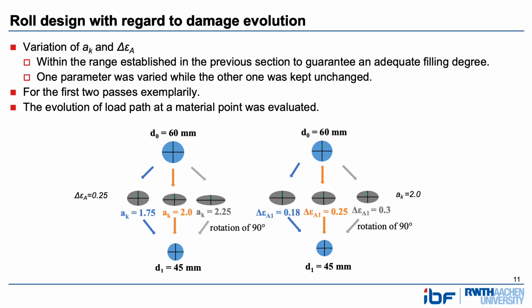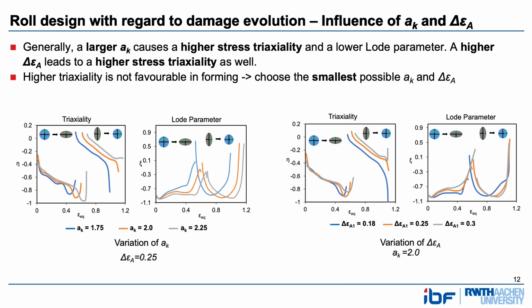Then we evaluated the evolution of stress triaxiality and load parameter at a material point, which is represented by a green dot here. Then we can see the effects of the variation of aspect ratio and area reduction on the evolution of stress triaxiality and load parameter here.